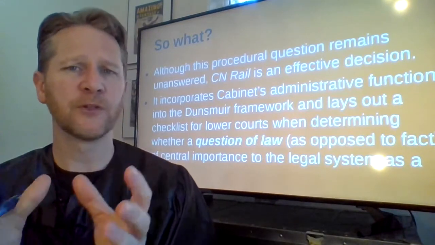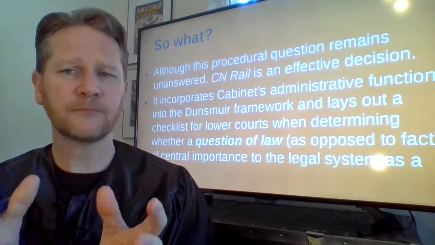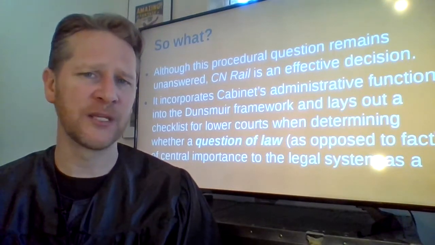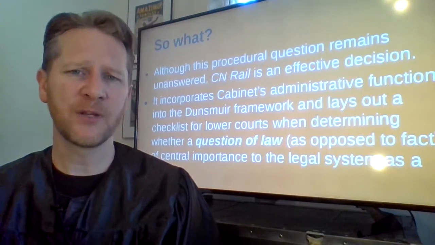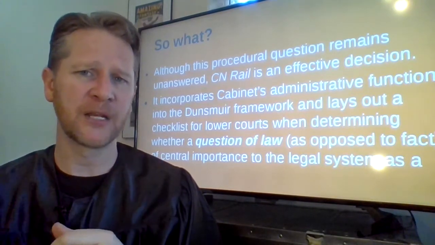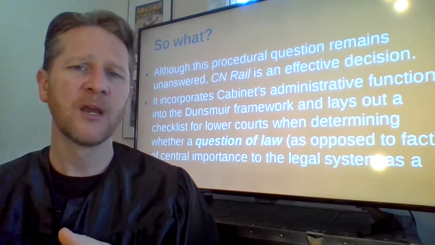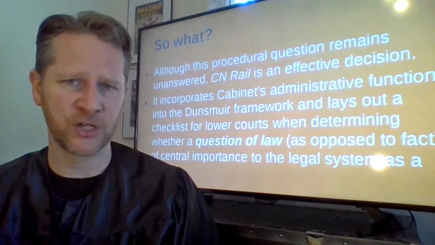And you can look at the case law, because the question we're asking this week is, had the Dunsmuir framework been changed and updated with this administrative trilogy, would it have been a different decision?